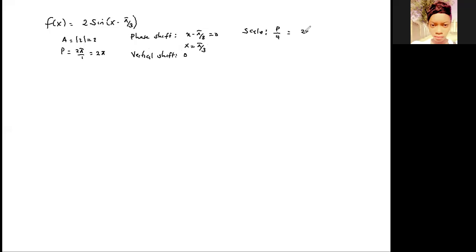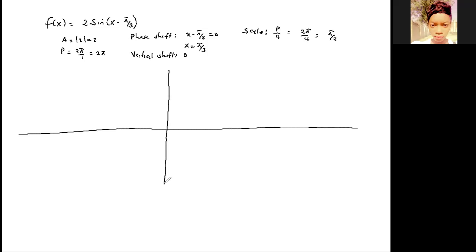So the period is 2 pi over 4, which is pi over 2. Then we now sketch. So we're saying to sketch this. Now the question that you have given me is incomplete because it does not say how far x should go.